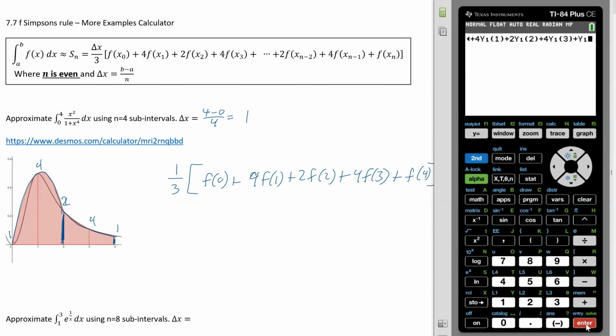So again, you want to remember the pattern, why it is what it is, so that you don't forget it.